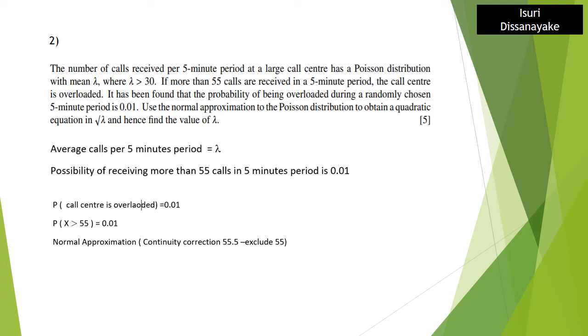So we are going to start with 55.5. So x is normally distributed with mu, sigma squared. We know that mu is equal to lambda, as well as sigma squared is equal to lambda. So we are going to use the normal distribution to approximate the Poisson distribution.